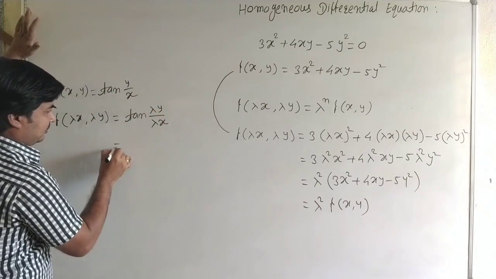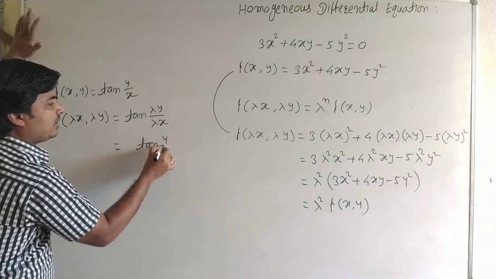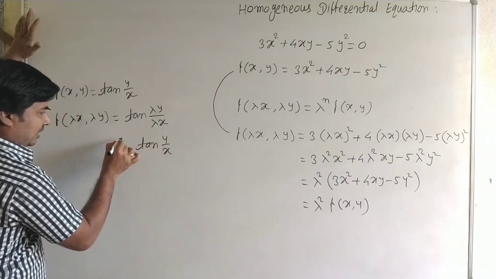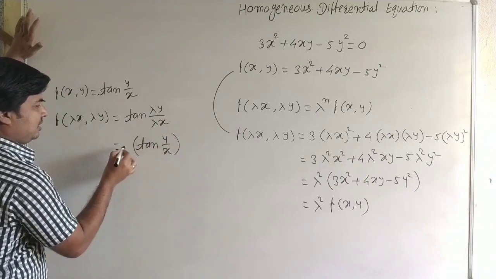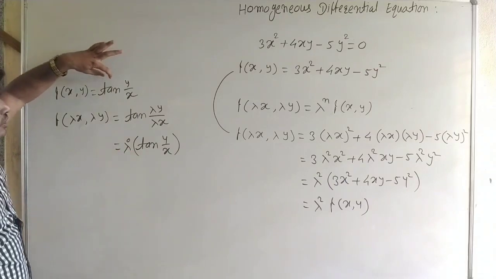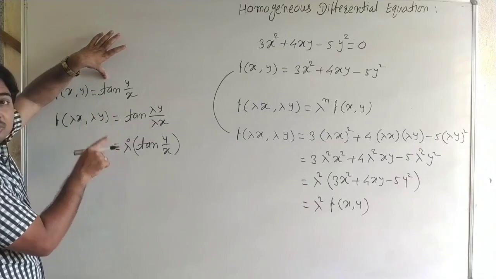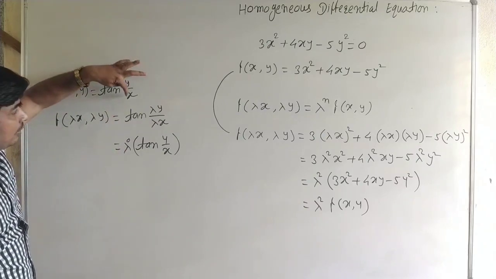Then the lambda gets cancelled and we get tan of y by x, but into 1, which can be written as lambda to the power 0. That means it is a homogeneous function of degree 0, tan of y by x.